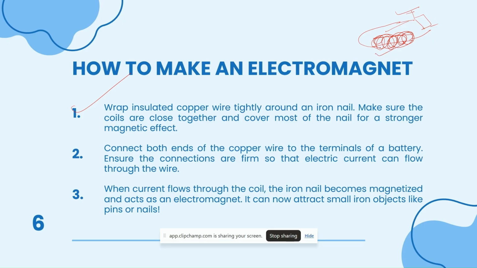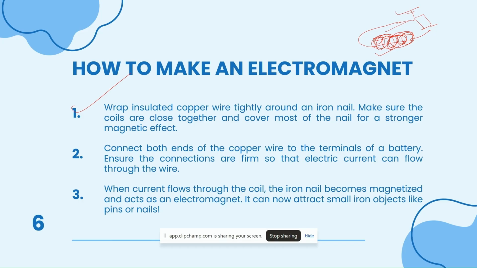When we switch off, the electric flow is interrupted and it becomes the iron nail again. It is a simple thing. You just take an iron nail, coil the electric wire, connect it with a battery, and switch on or off to see the electromagnet.